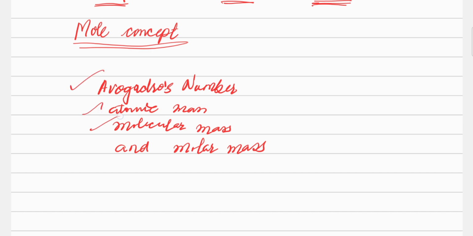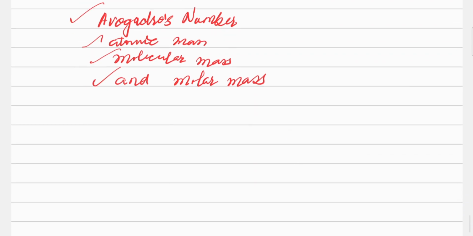So these are the few terms which we should know about. So first one is Avogadro's number.